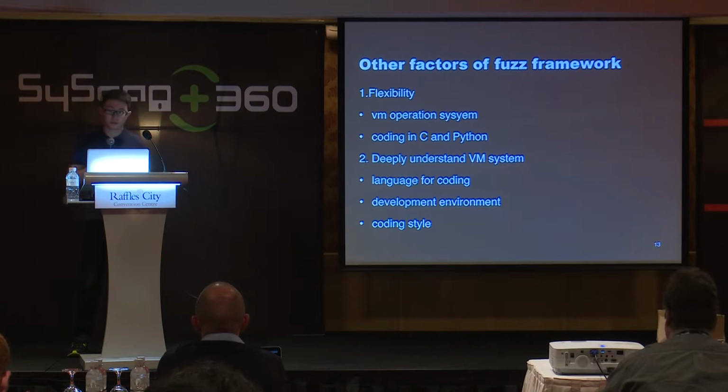When we started working on this testing framework, we already considered its flexibility and compatibility. For example, utilizing a modular way to realize several functions like testing, monitoring, and analyzing. And we also make sure our testing framework can run in multiple virtualization systems like VMware, QEMU, and QEMU-KVM.